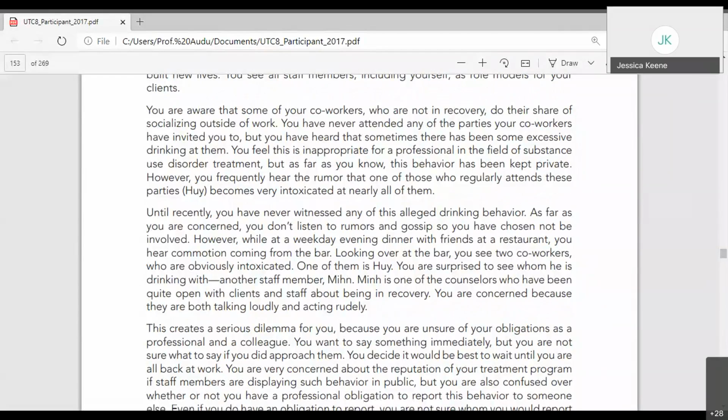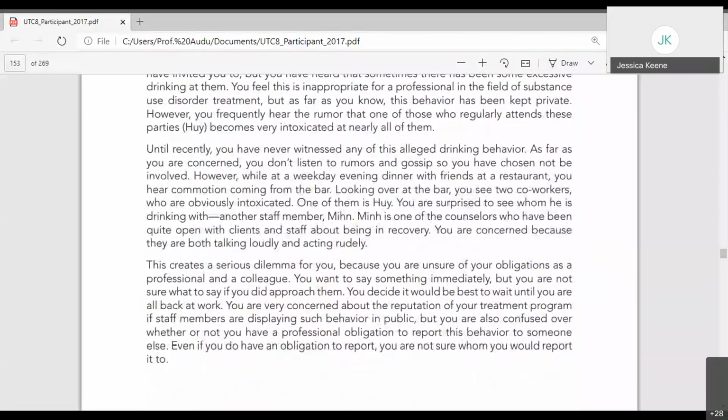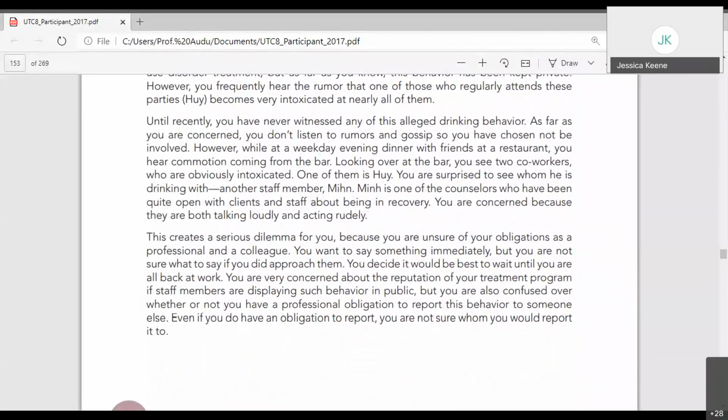However, you frequently hear the rumor that one of those who regularly attend these parties becomes very intoxicated at nearly all of them. Until recently, you have never witnessed any of this alleged drinking behavior. As far as you are concerned, you don't listen to rumors and gossip, so you have chosen not to be involved. However, while at a weekday evening dinner with friends at a restaurant, you hear commotion coming from the bar.